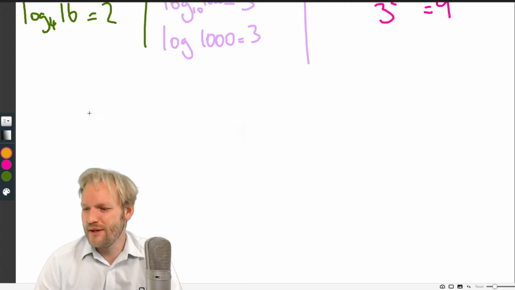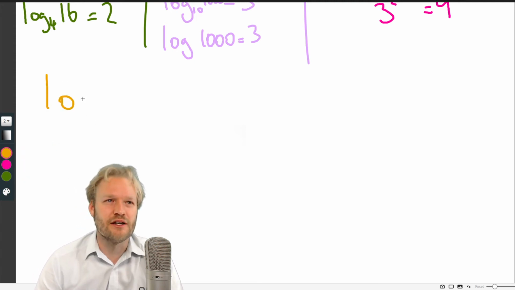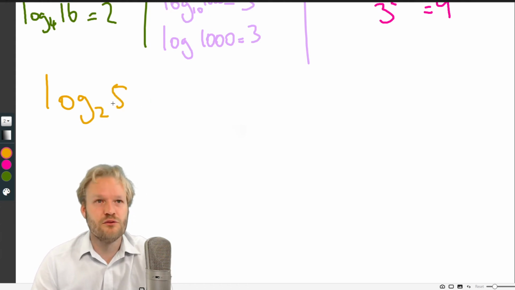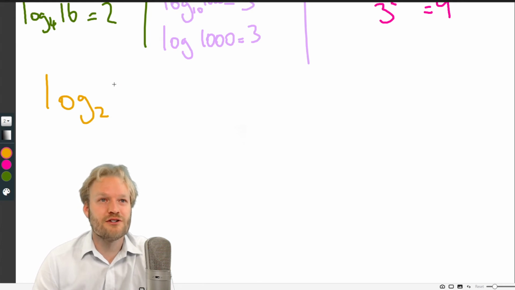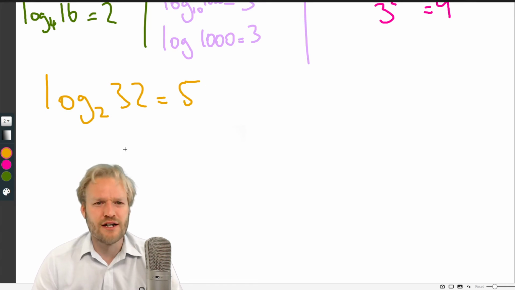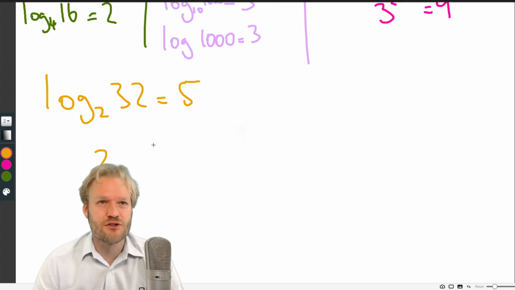Let's do one more like that. The log base 2 of 32 is 5. So rewrite this in exponential form. Well, the base stays the same, 2 to the 5 equals 32.